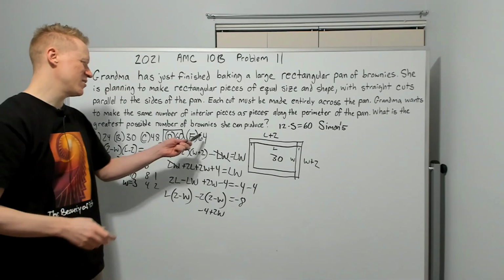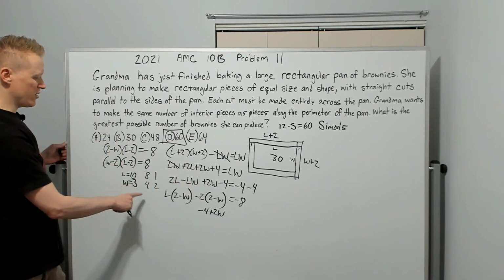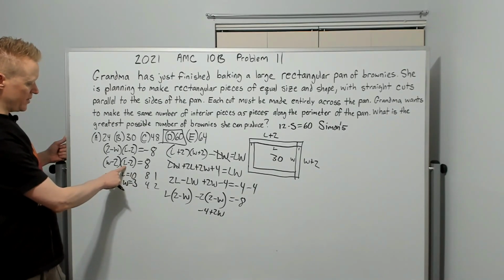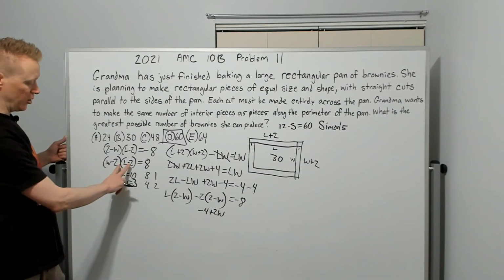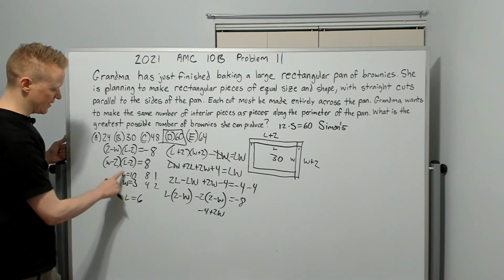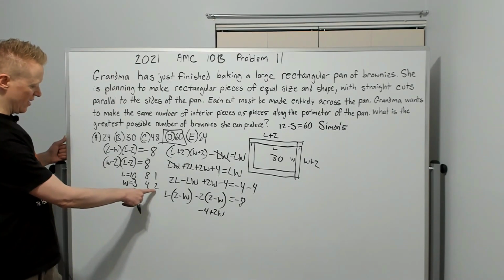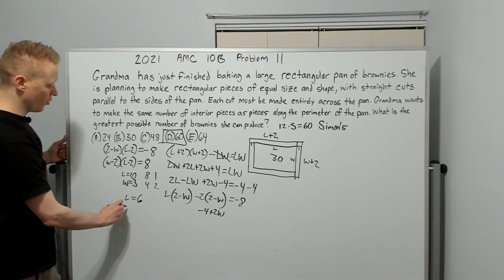We just might wonder, is there any way to get 64? What if I changed it and tried this one? If you're going to try this one, 4 would be one of these, probably not the L, but the expression with L in it. And you would have gotten L equals 6, because 6 minus 2 is 4. And w would take on the value of 4.